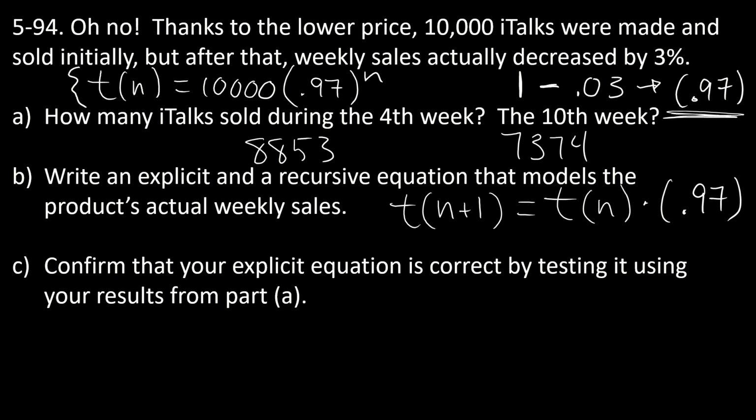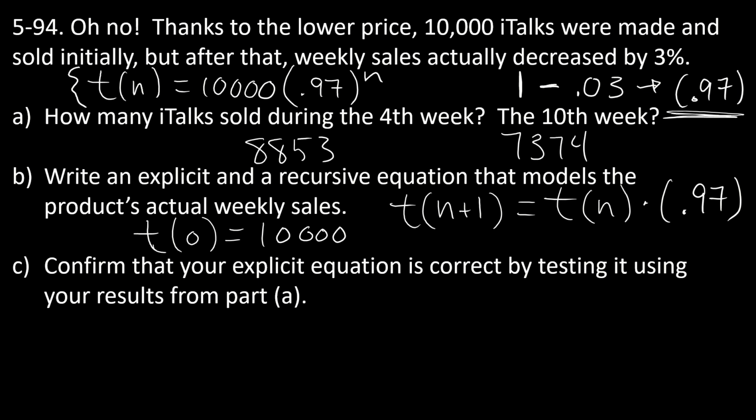The other thing that you have to tell the recursive rule is where you're starting, and instead of saying where I'm starting, I'm going to say right before I start. My pre-sales, I can say the T of 0 is 10,000. So this works nicely, especially if you have a calculator, because you start with the 10,000 and you just keep multiplying by 0.97 again and again.